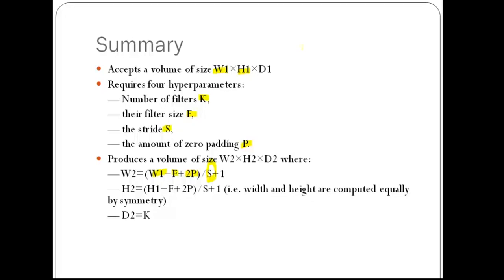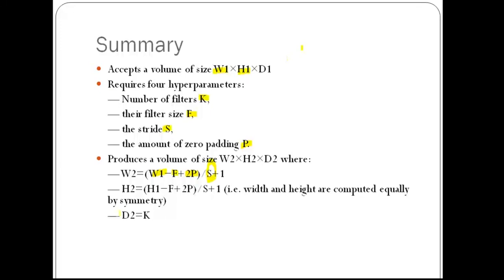So for example, if you have an image size of 255 by 255 and a filter size of 5 by 5, what you are doing is 255 minus 5 is 250. Padding is there, so plus 2, 252. Divide by stride, which is 2, so 252 divided by 2 is 126. So the resultant image will be 126 plus 1, that is 127.